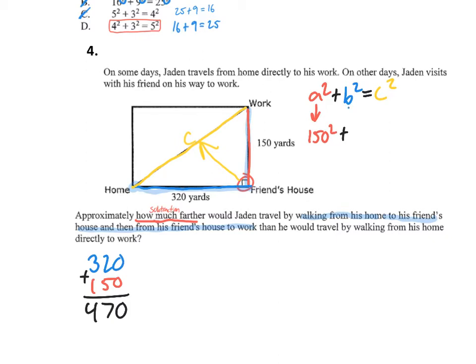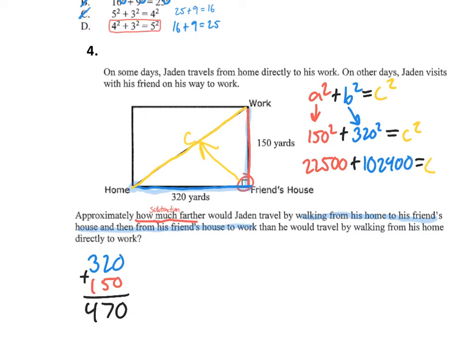B is 320 yards, so I'm going to have to square that, and I'm going to have to solve for side C. So 150 squared is a lot, so that's going to be 22,500. 320 squared, if I can type this in properly, is also a lot. So 102,400. And that gives us our side C.